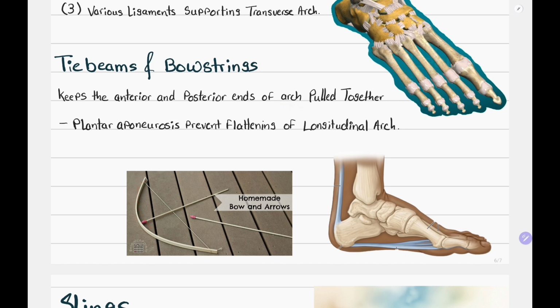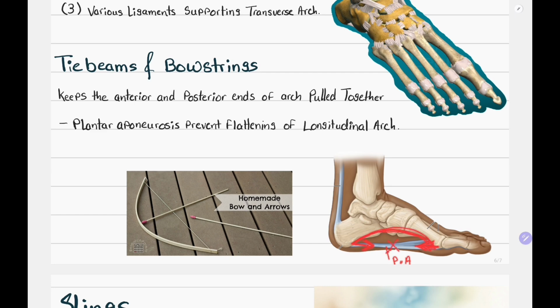Similarly, the bowstring of our foot, which is in the form of plantar aponeurosis, pulls the anterior and posterior end of the arch together. So this is our plantar aponeurosis. It pulls the anterior end and posterior end of the arch together, helping in maintaining the curvature of the arch.